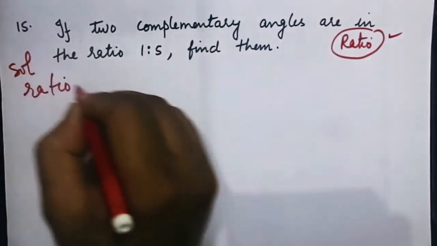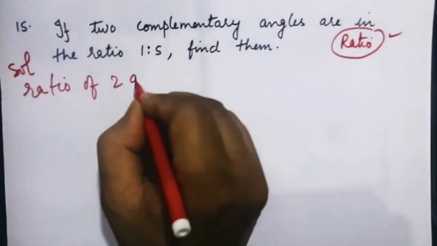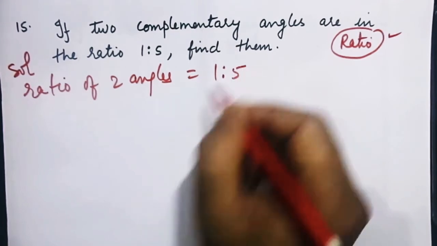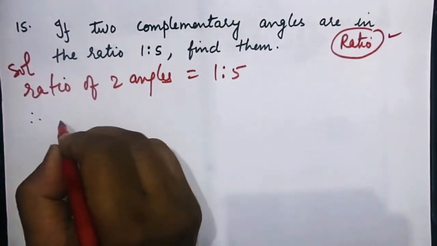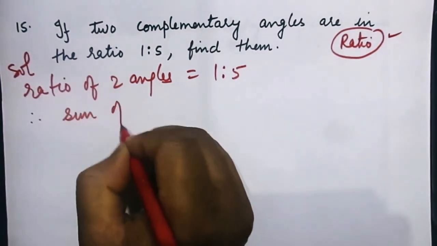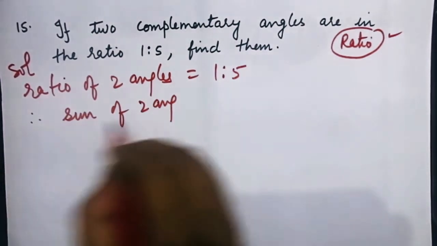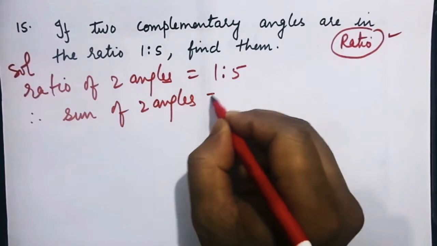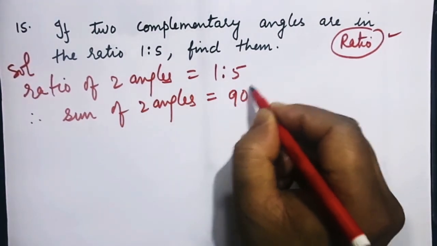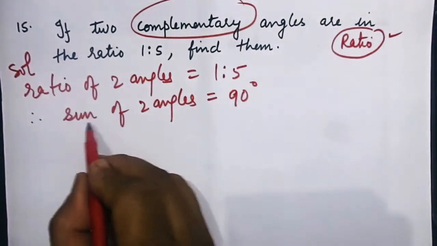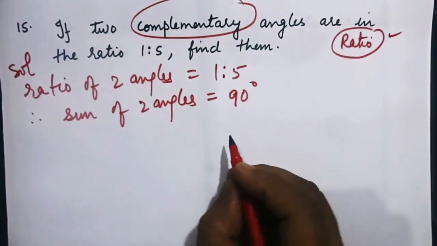This is our solution: ratio of two angles is equal to 1:5. We know that the sum of two angles is equal to 90 degree, because they are complementary angles.